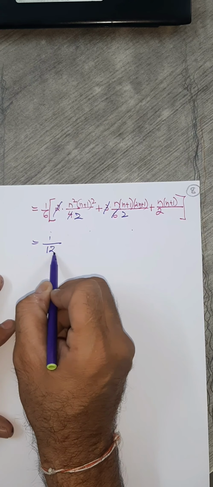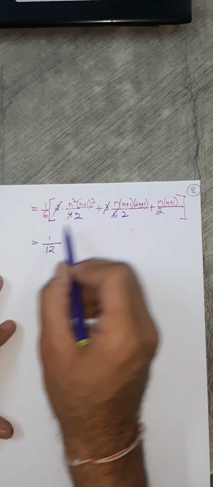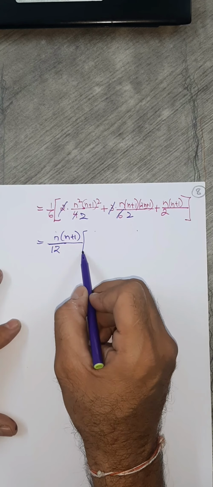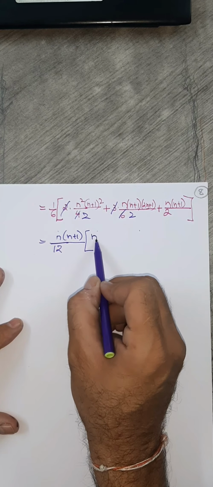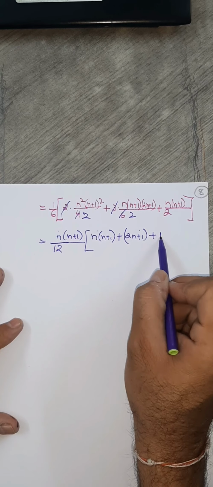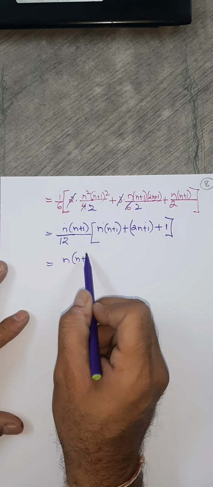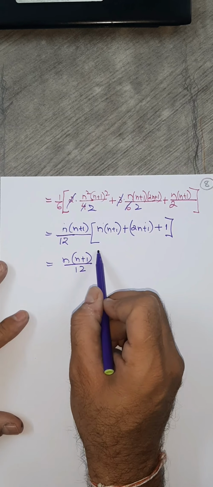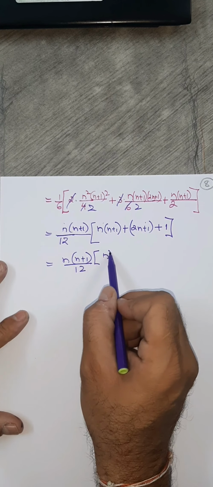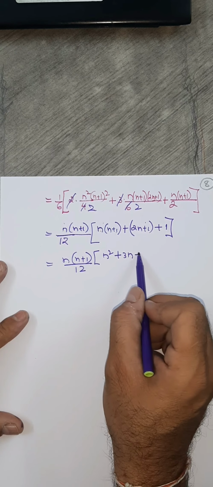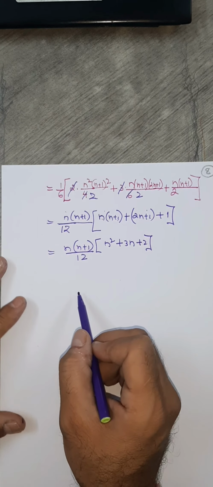So 1 by 12. n into n plus 1 you can find common here. What is this? Again n into n plus 1, plus here just 2n plus 1 and here just 1. This is just simplification, by 12. What is this? n square plus n plus 2n, 3n, plus 1 plus 2, which is plus 2.